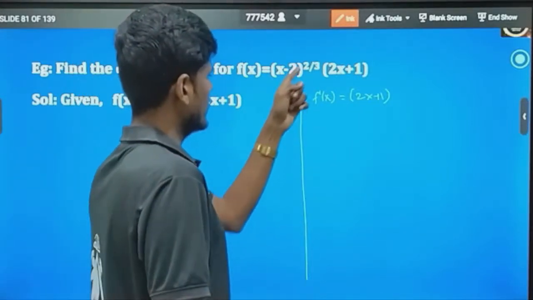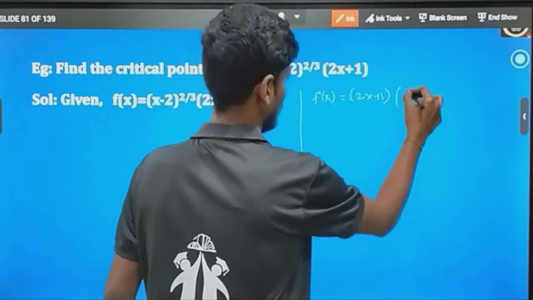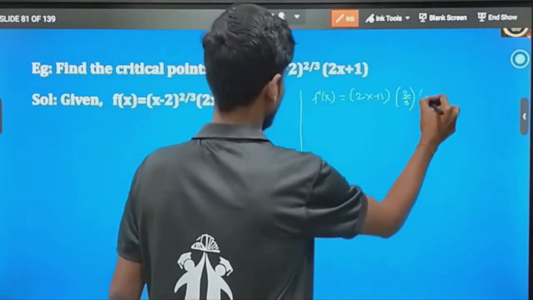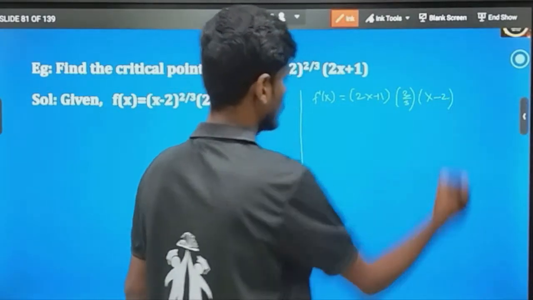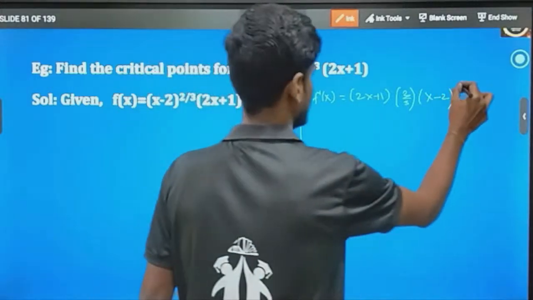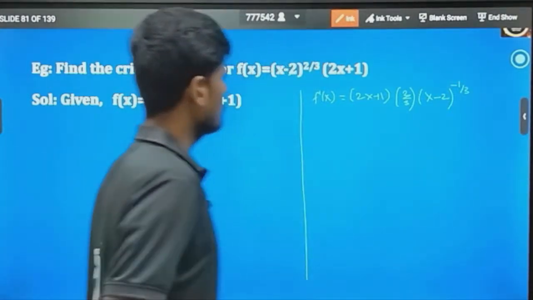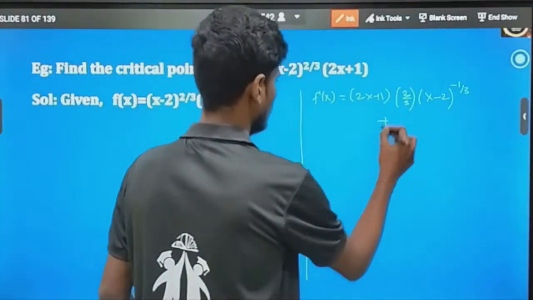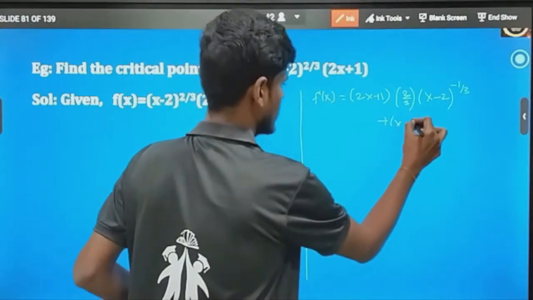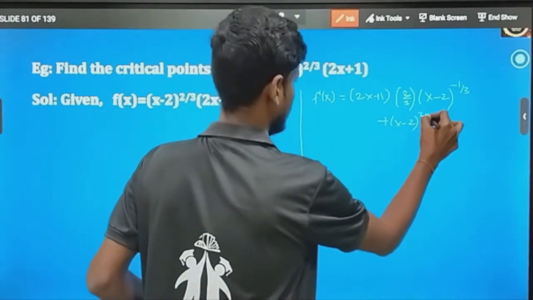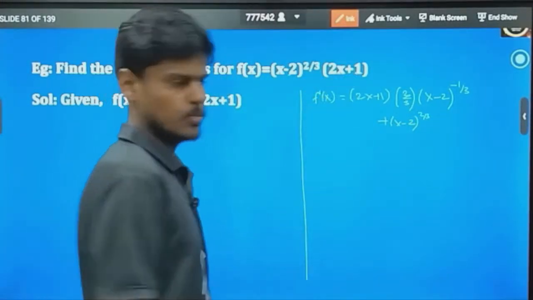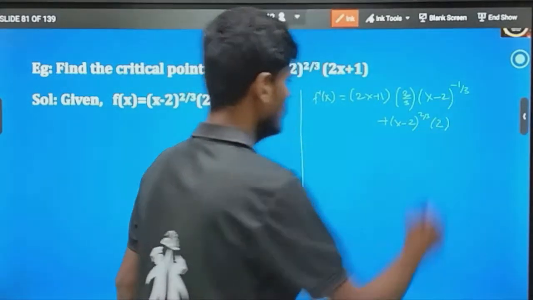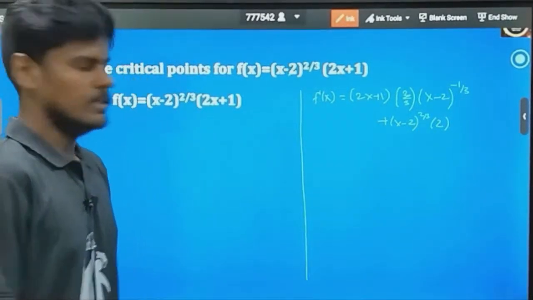So u dash will be 2 by 3 into (x minus 2) power 2 by 3 minus 1, that is minus 1 by 3, plus keep this value as it is, (x minus 2) power 2 by 3 into the differentiation of 2x plus 1, which is 2. So this is the answer.